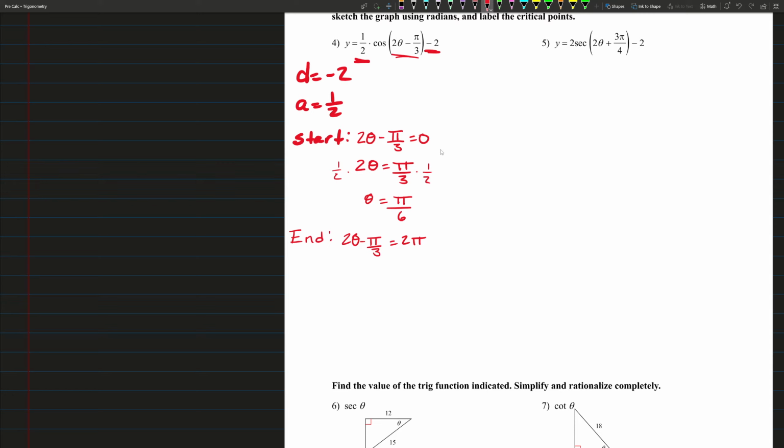And when we solve this, we have to add pi over 3, and then multiply by 1/2.